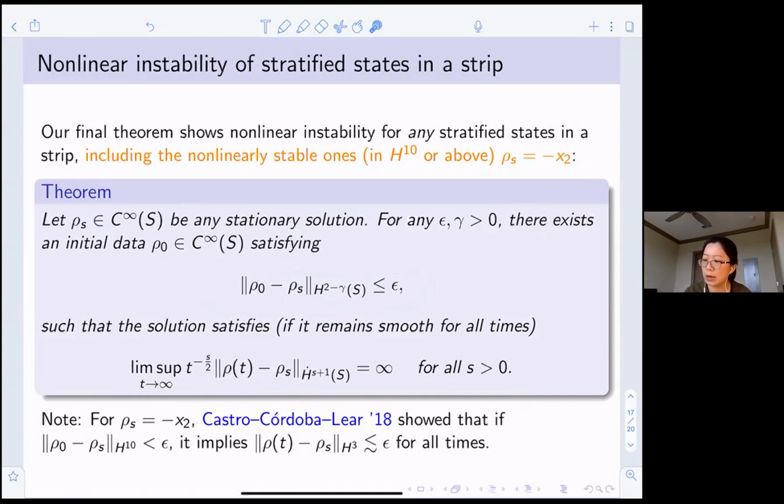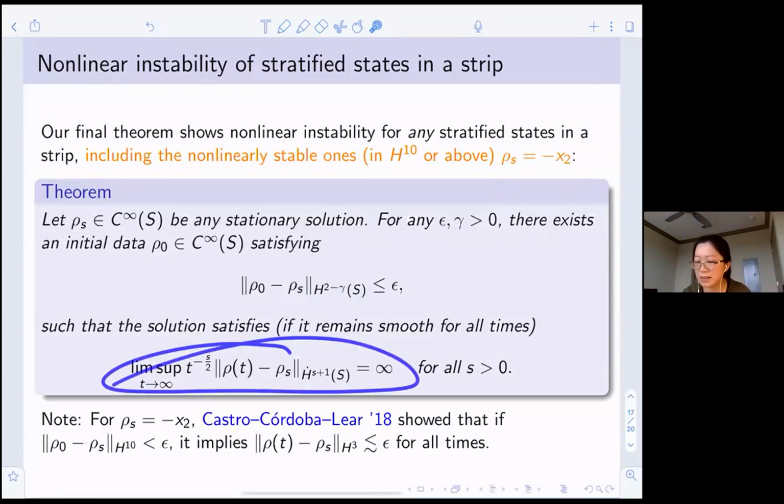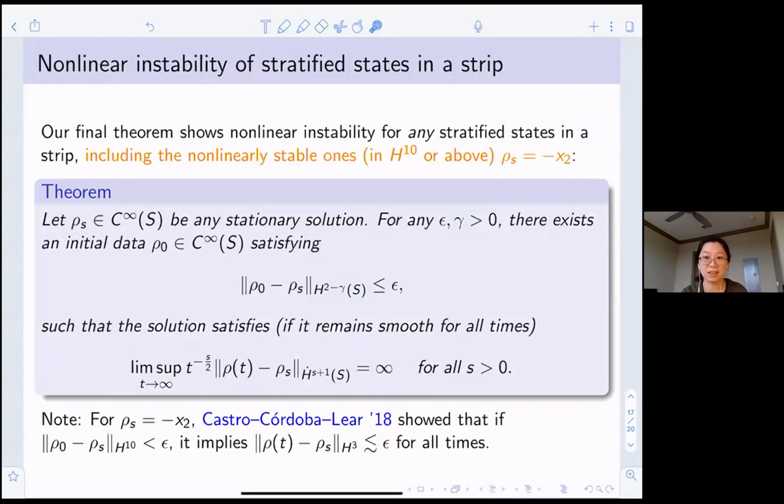Okay, so we don't know whether this 2 is the sharp threshold or not, but comparing it with the previous nonlinear stability result, we know that certainly this exponent is not allowed to exceed 10, right? So now it means that for perturbation above H^10, this steady state is non-linearly stable. And then we show that if the perturbation is only small in H^2 or something below H^2, then there is this infinite in time nonlinear instability result.